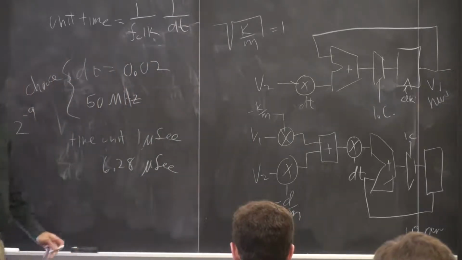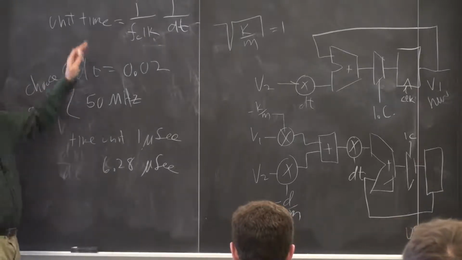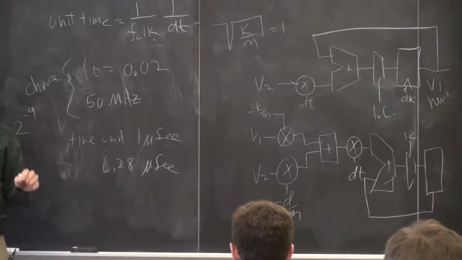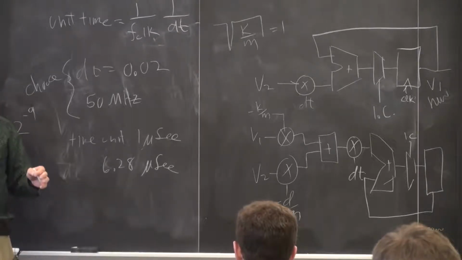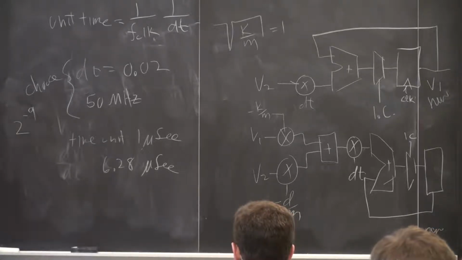So you pick a dt, you pick a unit time. I want a kilohertz output or so. Well, that would say that's about 6.28 times 10 to the third radians per second. So that's something like 160 microseconds, right?